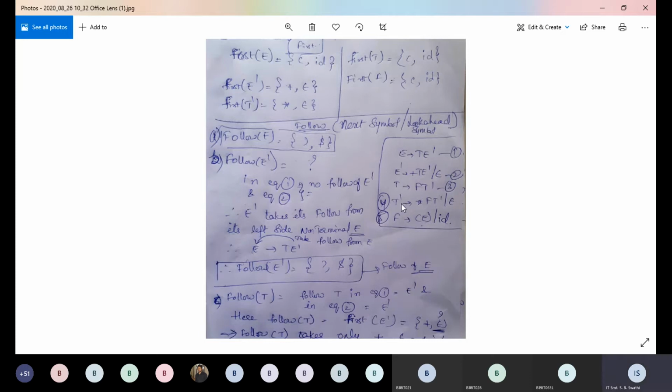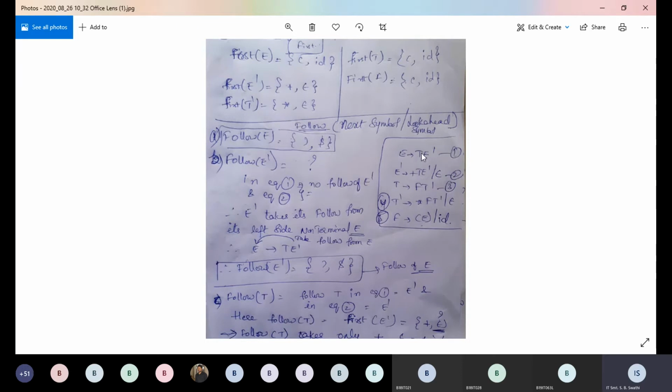Similarly, you have to find out for the remaining non-terminals also. The next one is E dash. What is the first of E dash? We have two expressions. See, epsilon is also one symbol here. Other than capital letters, everything is terminal only. Blindly you can remember it like this. So epsilon is one terminal we are writing. In the first expression, the first symbol is plus.